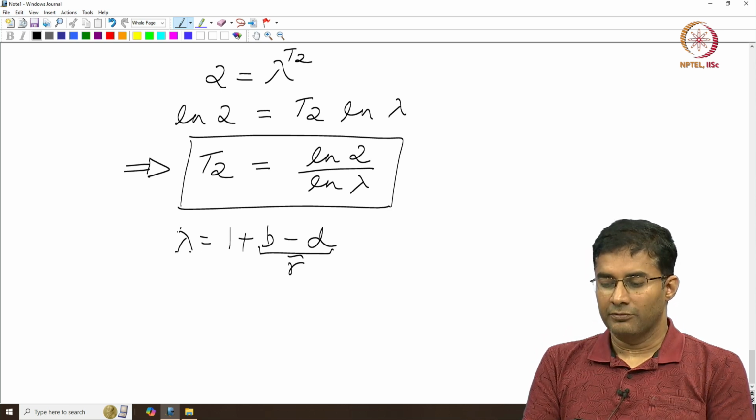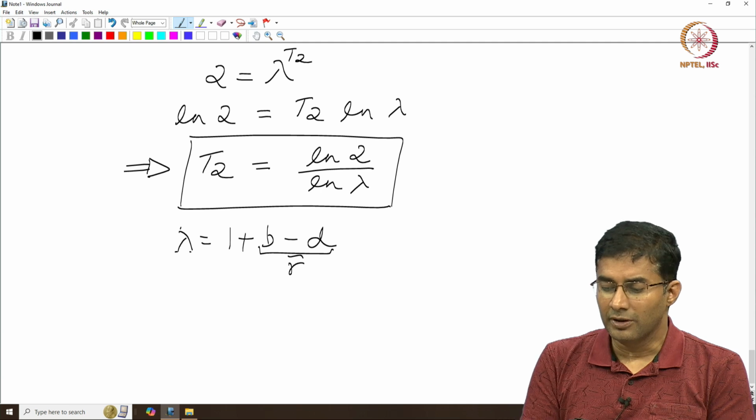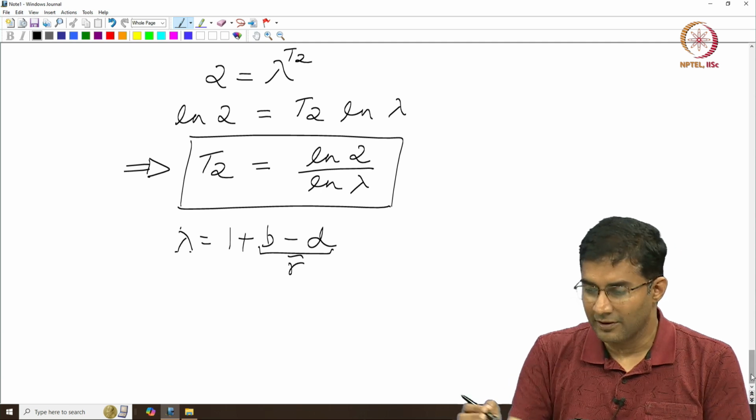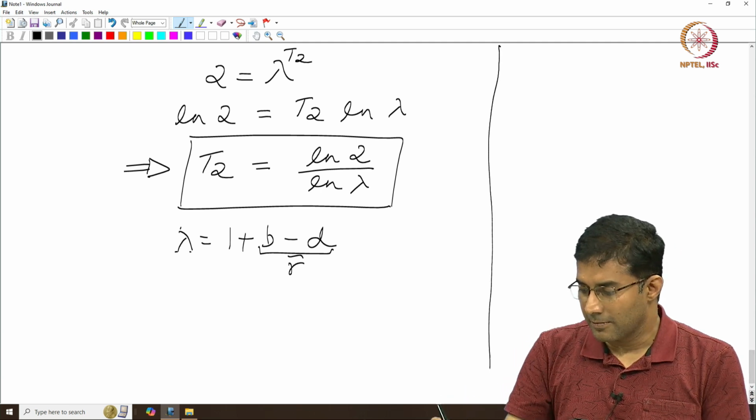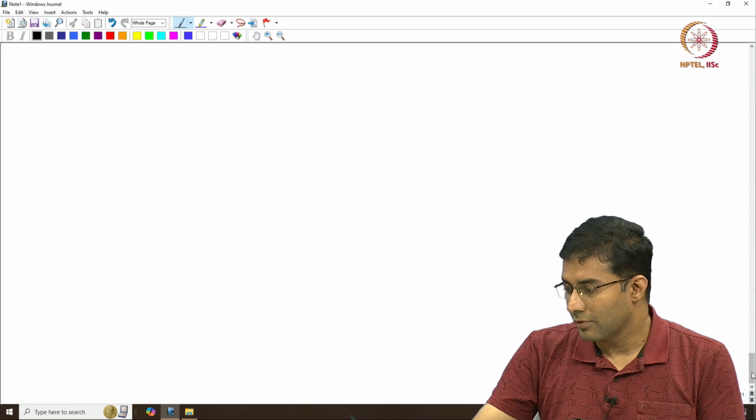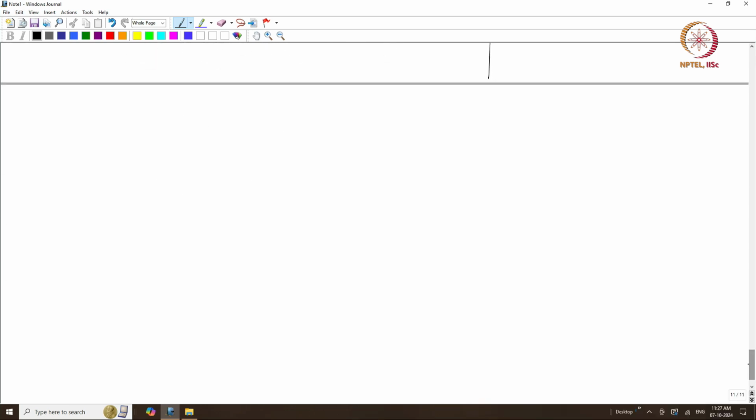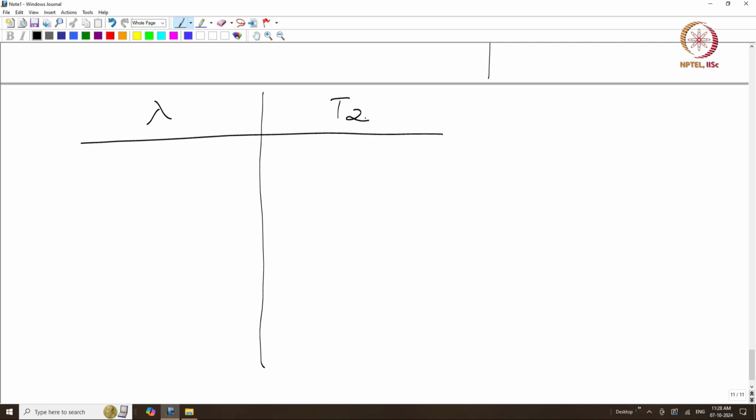Now I will write a table with various values of lambda and the corresponding doubling times.